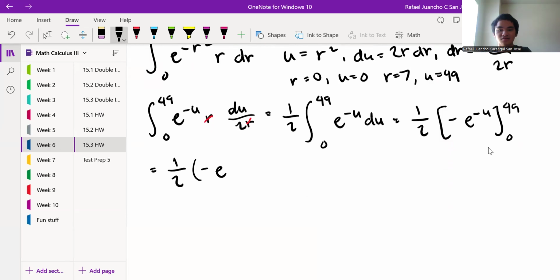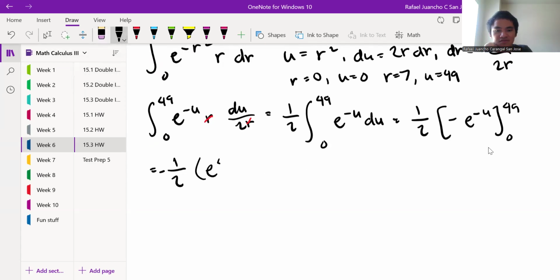So this one is negative e to the minus 49, or e to the negative 49, minus negative e to the 0. Actually, I could have just taken out the negative part, and this would have been easier.